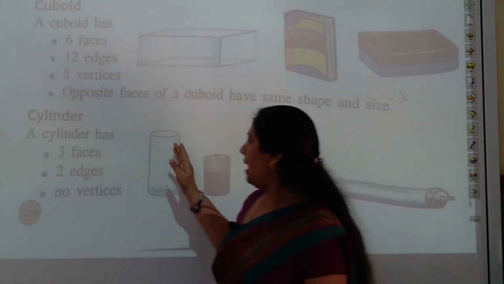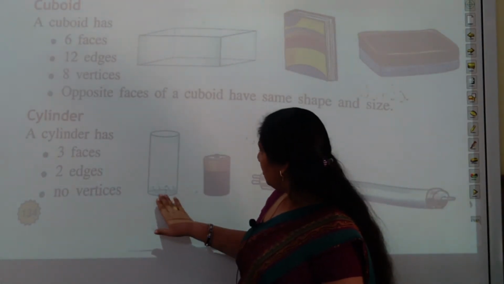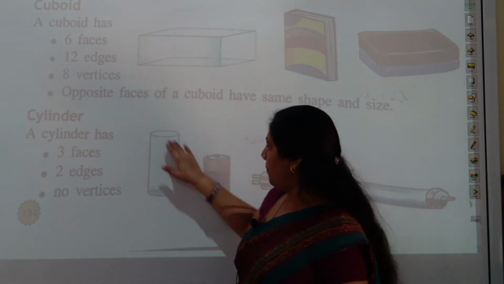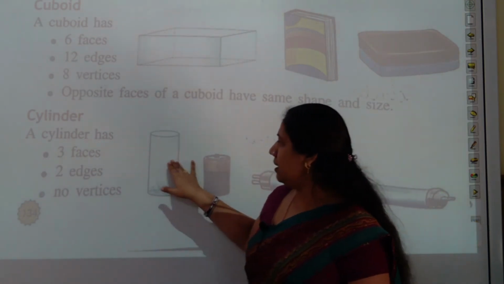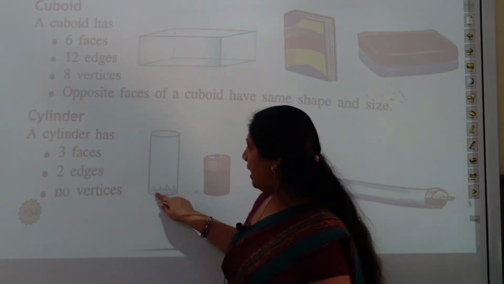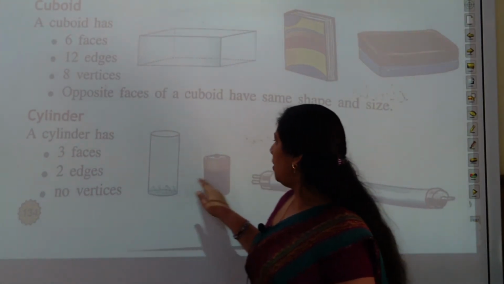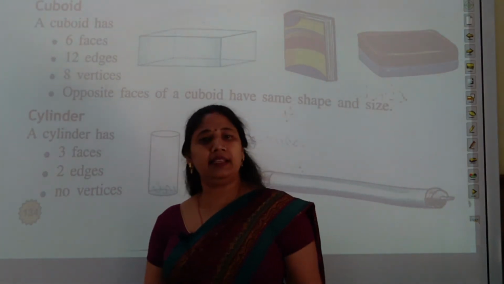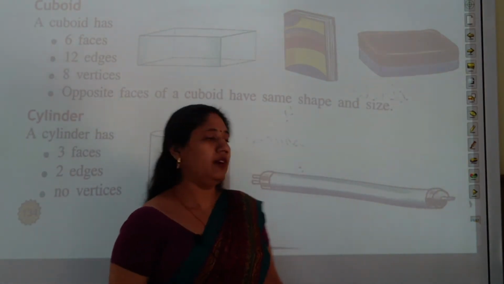A cylinder has 3 faces, down, up and the front. 2 edges, 1 edge and 2 edge. No vertices, there are no corners, so our cylinder having no vertices.